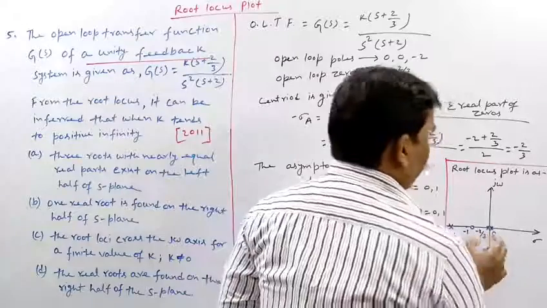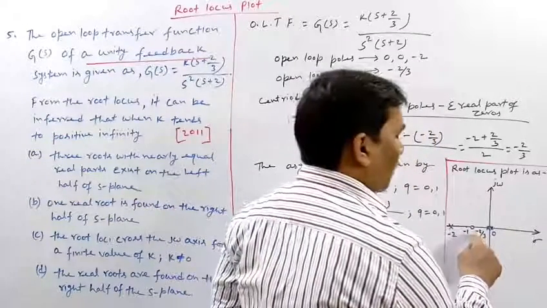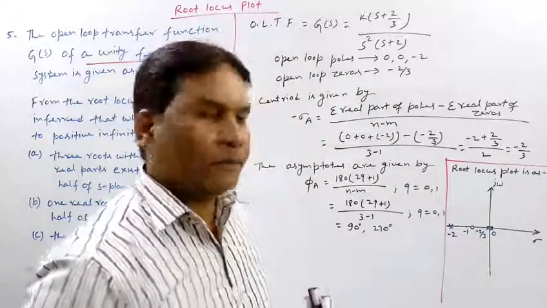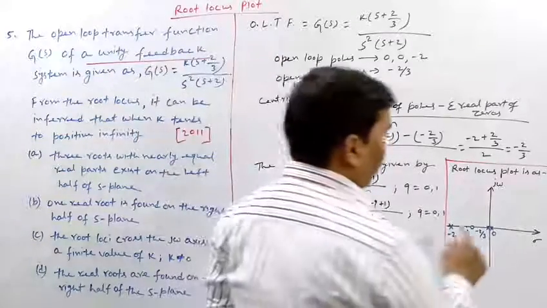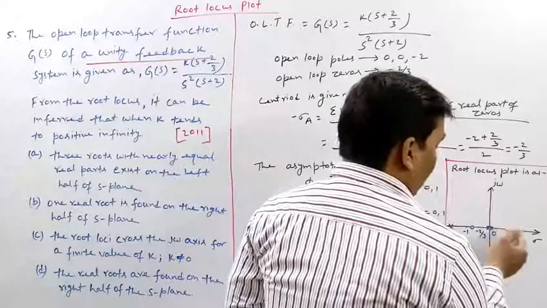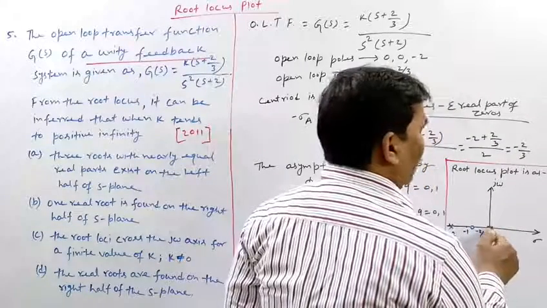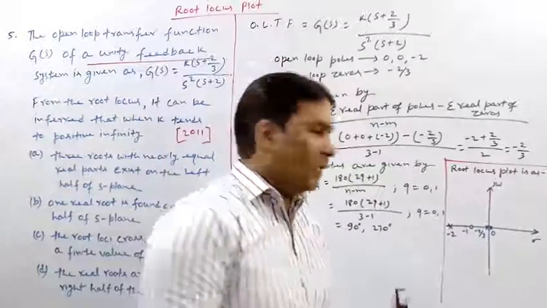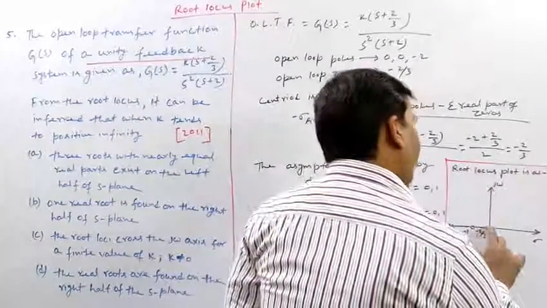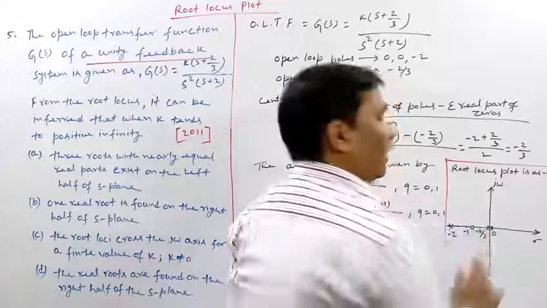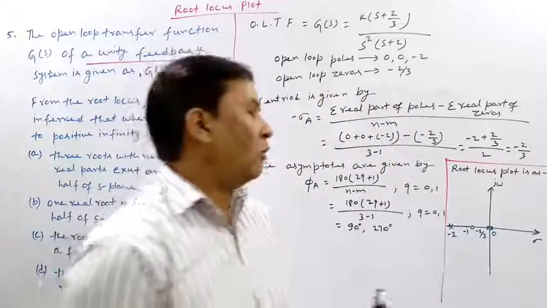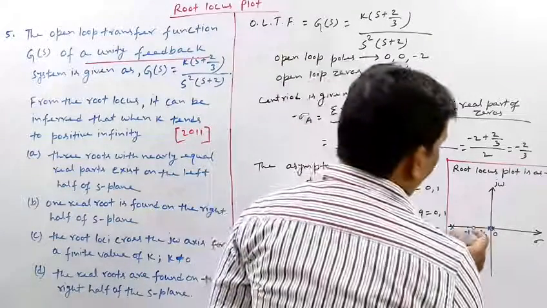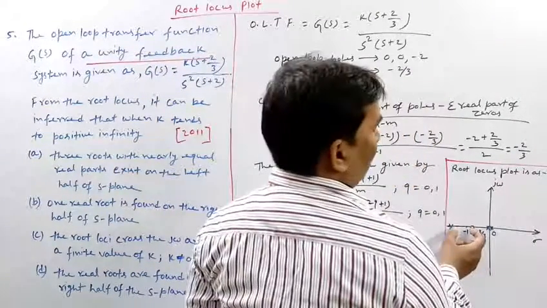Let me check the part between minus 2/3 and 0. Will this be a part of the root locus? No. Why? Because to the right of this part, the total number of poles and zeros is 2 only, only 2 poles are there. So the total number is even, and this part of the real axis will also not be a part of the root locus. Let me check this part. So what about this part?